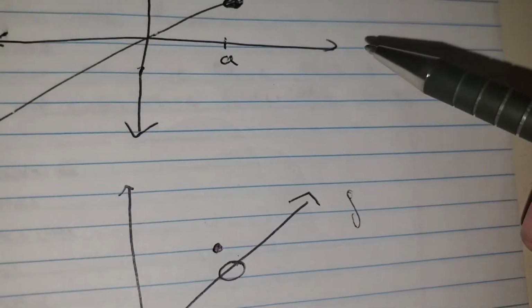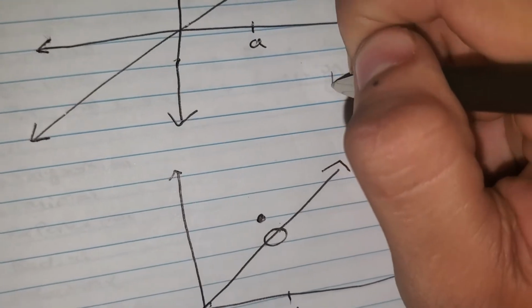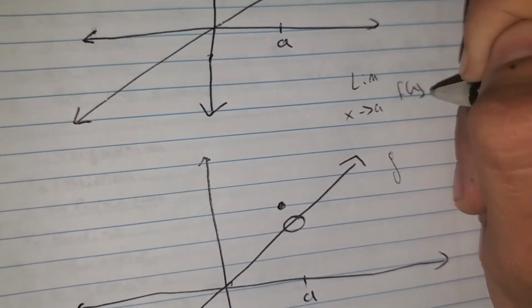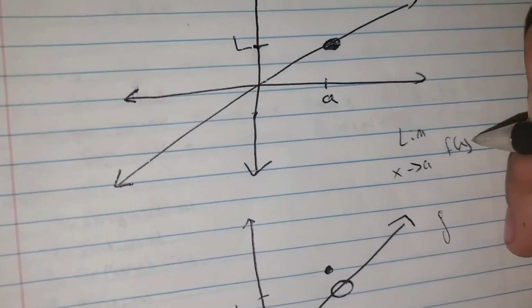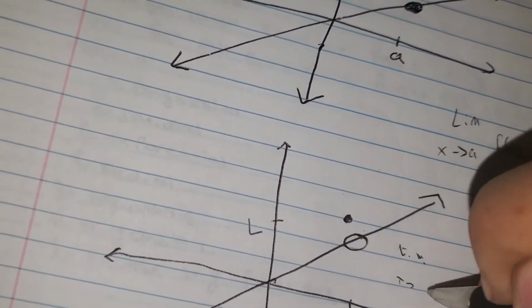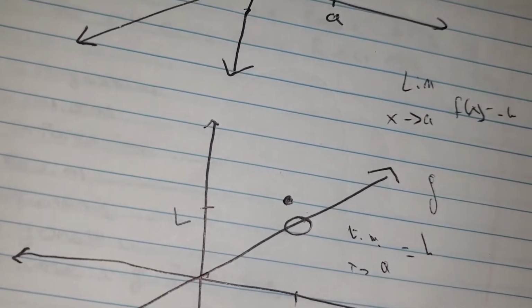So the functional values aren't the same, but the limits will exist, and the limits are the same. So the limit as x approaches a of f of x is L, and the limit here is L too. So the limits are equal.